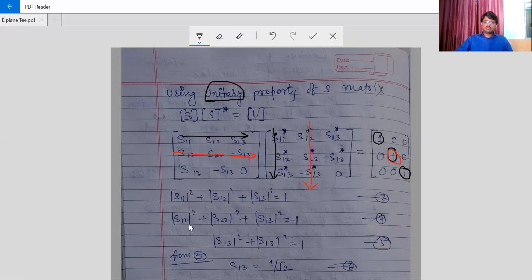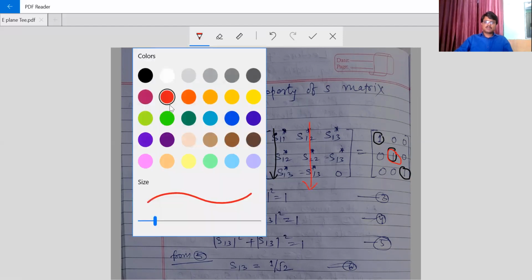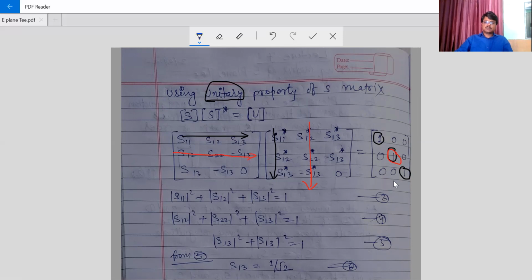S12 magnitude whole square, S22 magnitude whole square, S23 magnitude whole square is equal to 1. And finally, another one will come from here. This is the third row and third column. If we multiply this one, the last one is 0.